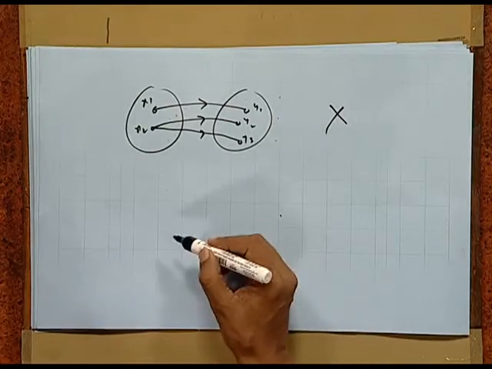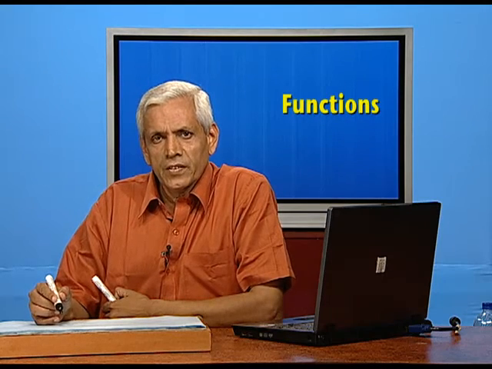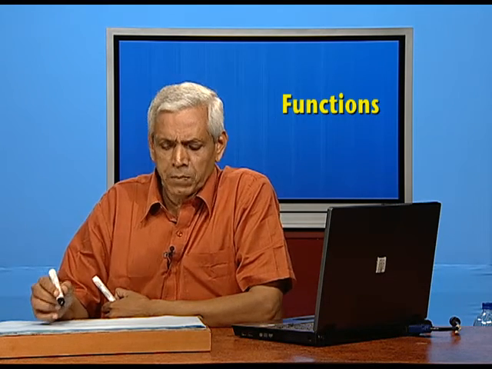So, no element can have more than one image. It is again not a function. So, we had two examples of non-functions, one in which some elements did not have an image. Now, in this case every element has an image, but some element has more than one image. So, uniqueness is defeated.